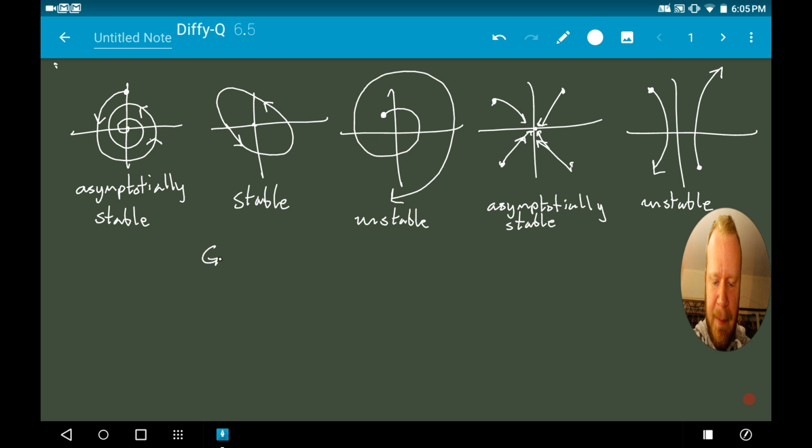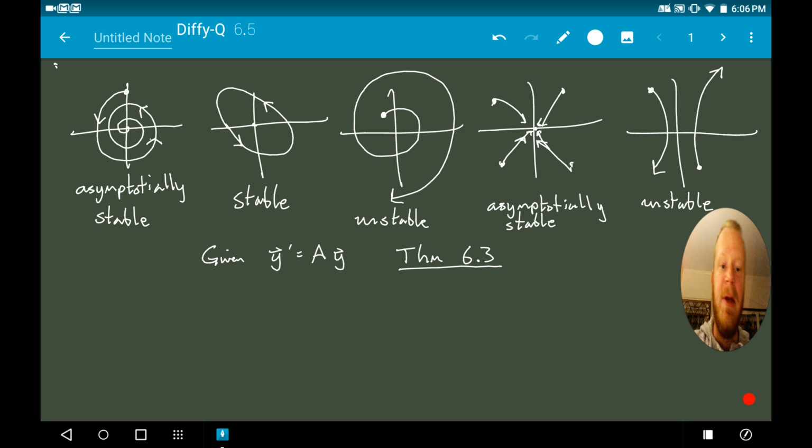If you're given a system that looks like y prime equals A times the y vector, where A is just a matrix of constants, then we can use theorem 6.3. That's another way to figure out which of these three categories the system falls into. By the way, this one is sometimes called a spiral.